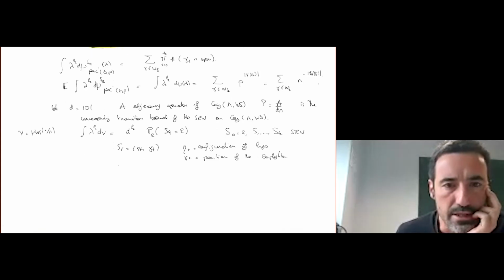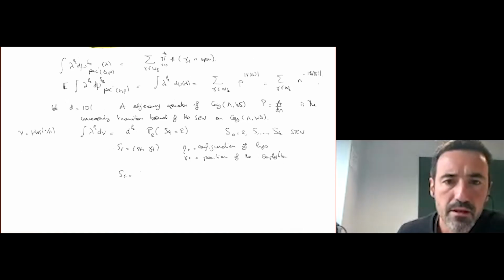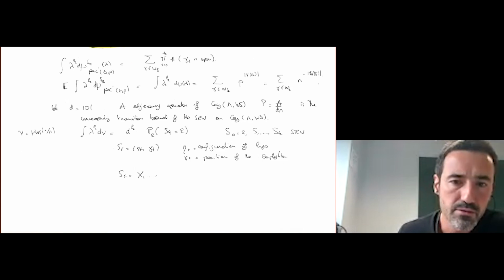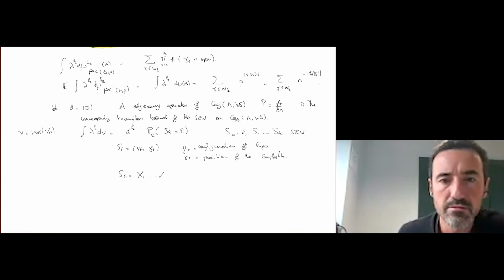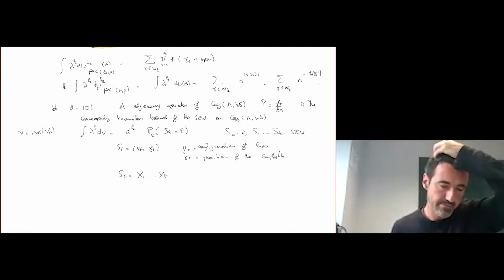I can write S_t as a product. Let's assume that I do a random walk on the right, for example.